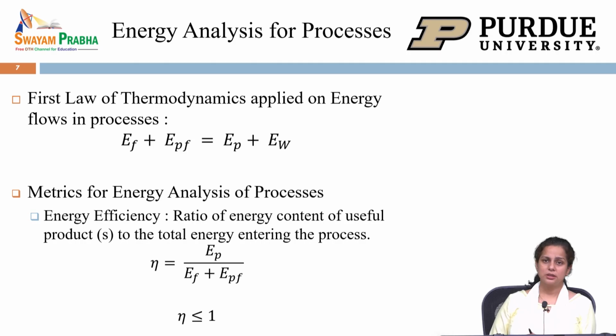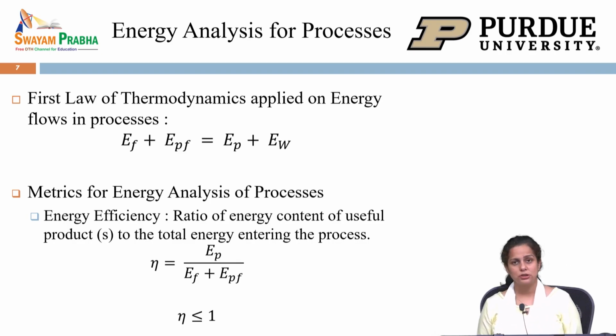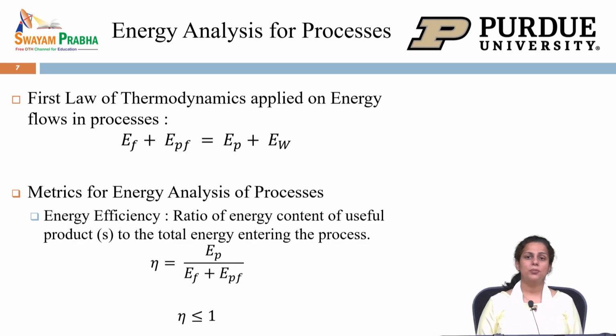The energy content of the product is the output, and that is the energy content of the useful product. We do not include the waste energy or the dissipated energy in the energy of the product. In the denominator, we have the total energy input, which will be the feedstock energy, whatever is the content of the feedstock, and then the processing energy, what we are putting in additionally to the process to actually process that feedstock into a product.